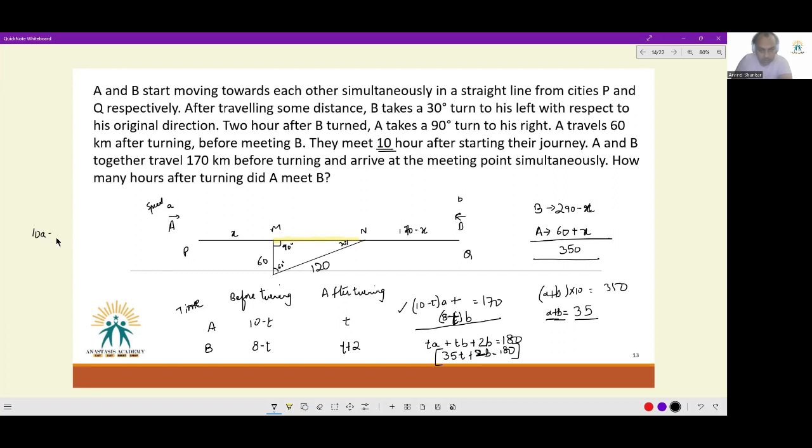Even this equation, simplify. 10A plus 8B minus TA minus TB, so minus 35T, equal to 170. Can replace 35T as 180 minus 2B.